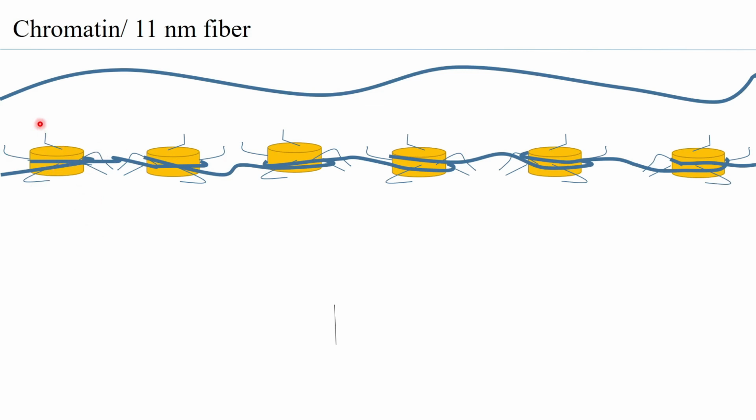Because the tails are basic, they have an attraction for the negatively charged DNA, because we know that the sugar phosphate backbone makes the DNA overall negative. So this is an interaction because of opposite charges. You have the nucleosome, which is positive in charge, and the DNA, which is negative in charge, and therefore they interact.